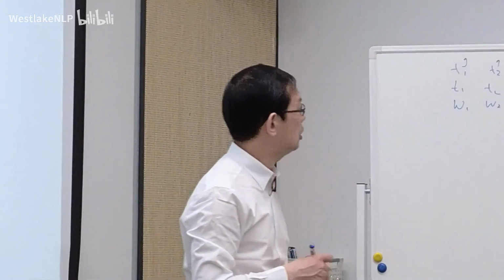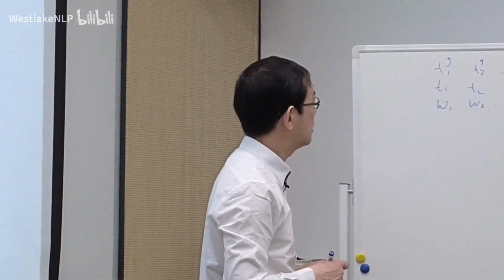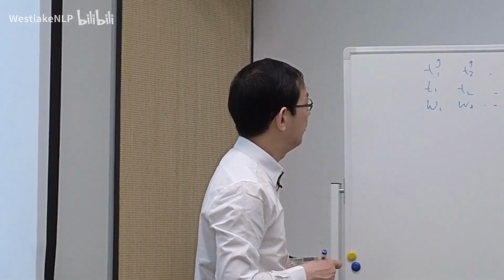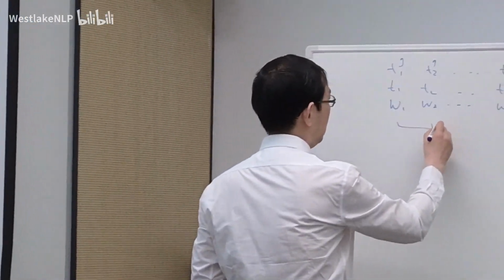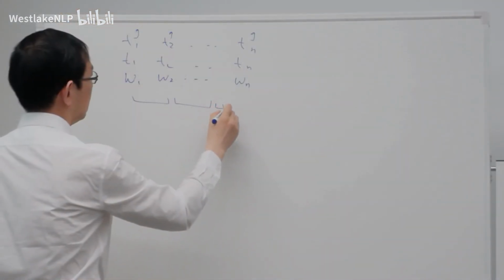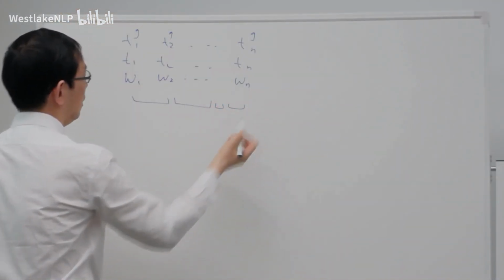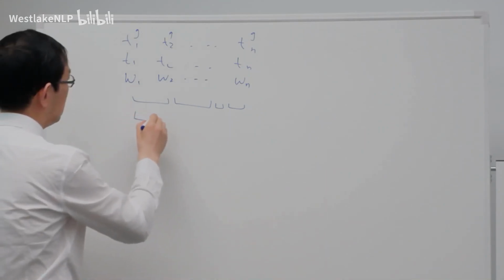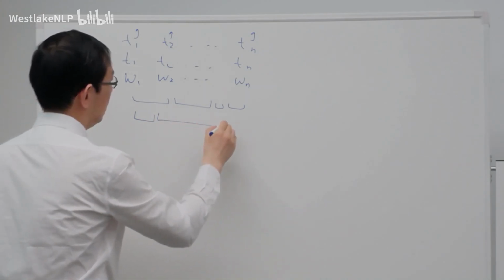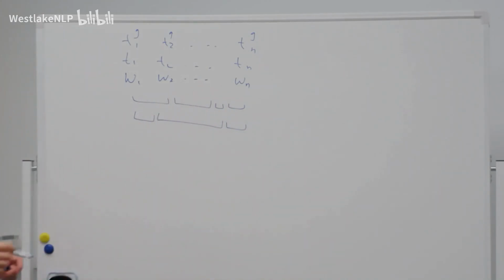But for segmentation, it's slightly different because say you have a sequence of segments. This is one segment, this is one segment, this is one segment, this is one segment, etc. But for the output, you might have this is one segment, this is one segment, this is one segment. So the number of segments can be different.